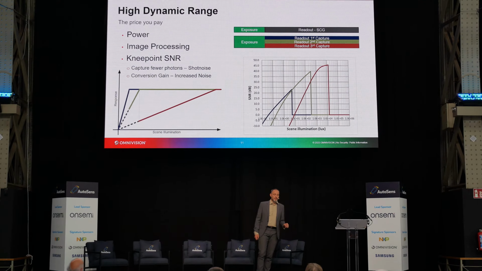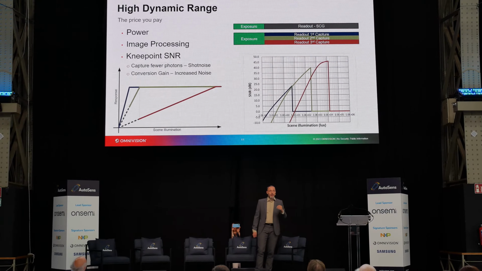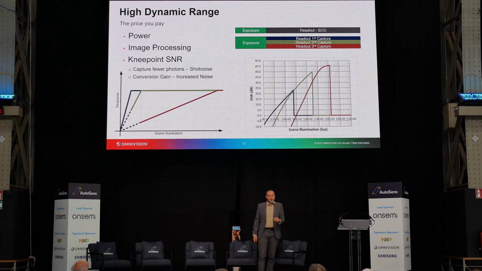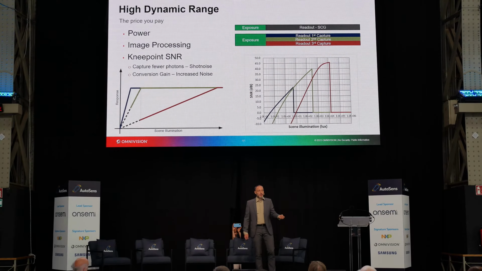The more fundamental issue is the knee point SNR. So what's going on here? As you get more light, the SNR will increase because the relative contribution of the shot noise to the signal becomes less. But when your signal saturates, you have to jump to another capture. And either you capture fewer photons to reduce the responsivity, or you have to change the conversion gain to change how electrons get translated to a voltage.